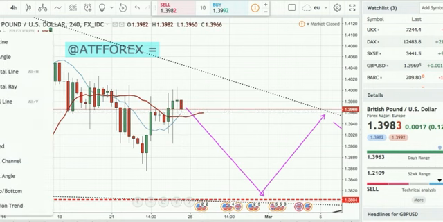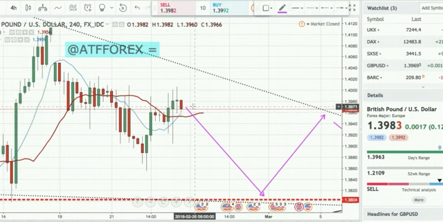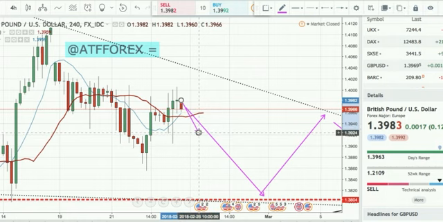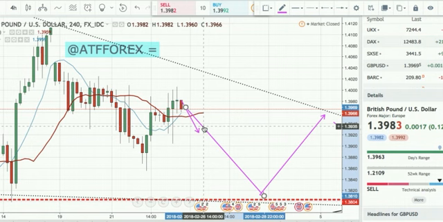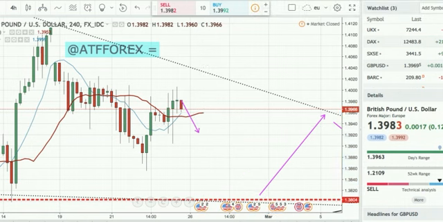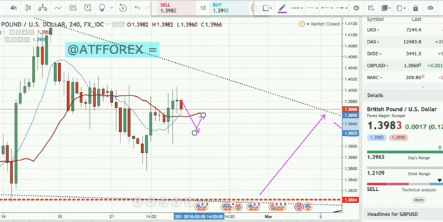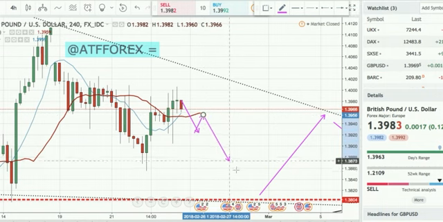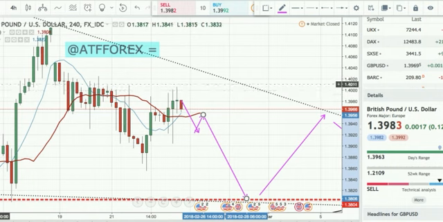So what we'll be looking for is price to go underneath this moving average, and then also we'll be looking for a retest of this zone, and then we'll be looking to take shorts down to 1.38 for GBP USD.